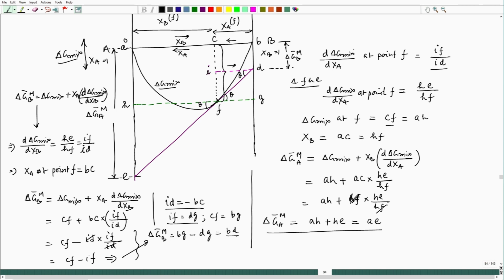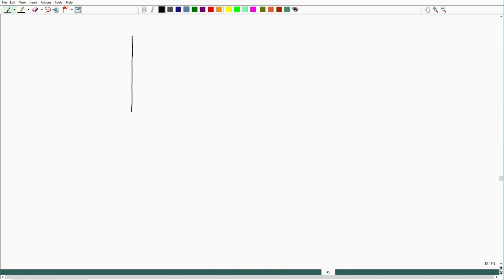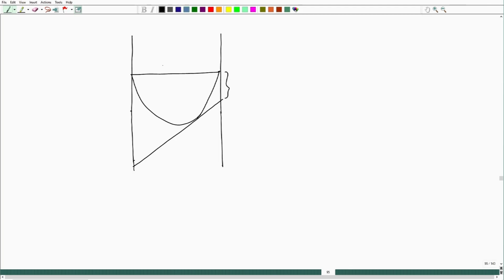So, now if I try to look at some other cases, let us say two different points, let us say this is my delta G mix. So, here if I try to see, so then this is nothing but x b this way, this is pure A and pure B, x A equal to 1, x B equal to 1.